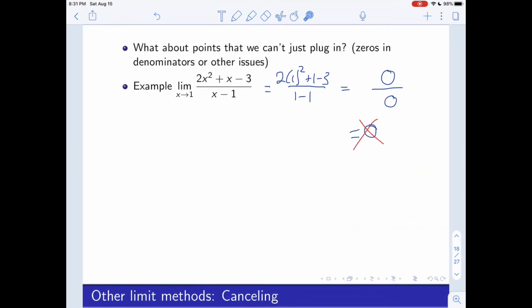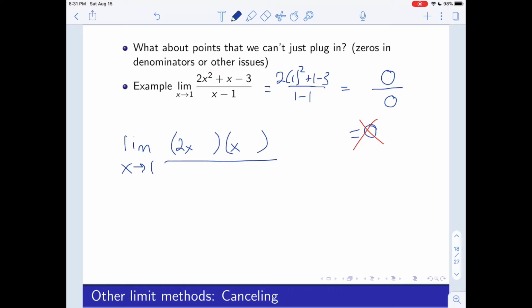Turns out that there's a way we could simplify this function that will help us calculate our limit. If you're looking at the numerator, you might have noticed that we can factor it. So if I wanted to factor that numerator, I'm going to need a 2x and x in order to get the 2x squared I need at the beginning.